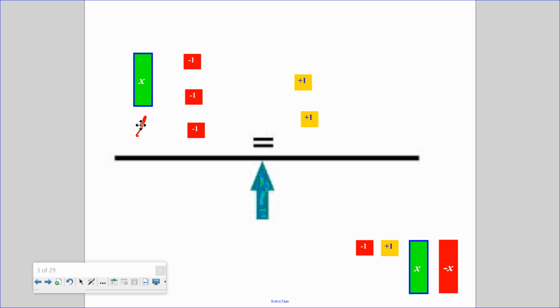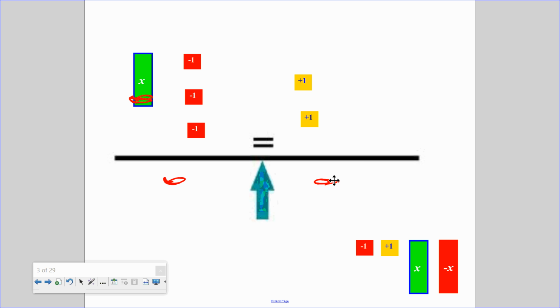A variable is a letter or symbol that represents a number. It's an unknown number. So we're going to solve for it. We're going to try to figure out what this x is equivalent to. What number can we substitute this x with so that this side is equivalent to this side, so it's equal to +2? So first thing we need to do is isolate the variable.